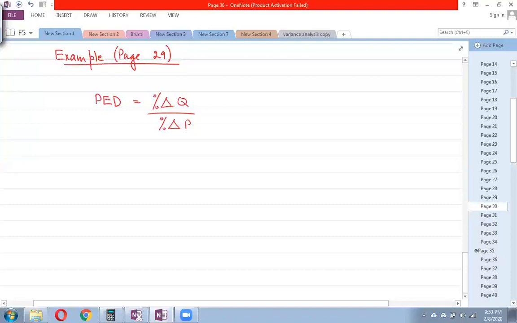So let's calculate percentage change in the quantity and the percentage change in the price. How do you calculate the percentage change? That will be your latest figure minus the old figure divided by the old figure.